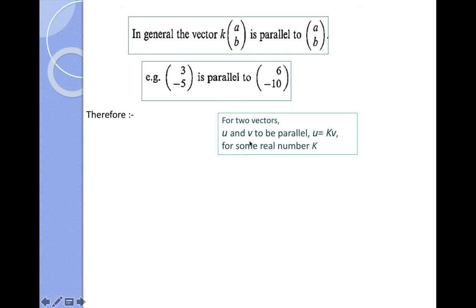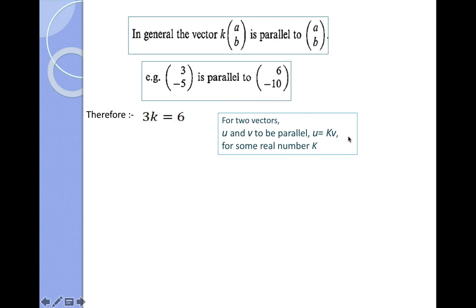For two vectors u and v, for instance, if the name of one vector is u and the other is v, for two vectors u and v to be parallel, u equals kv. That means vector u will be equal to vector v multiplied by a scalar. k can be any real number. Scalars, I told you previously, are ordinary numbers.